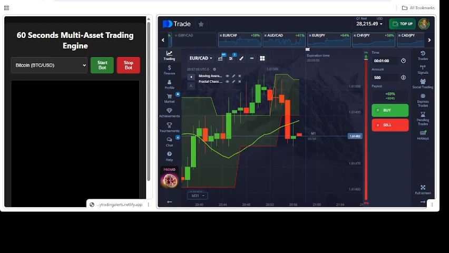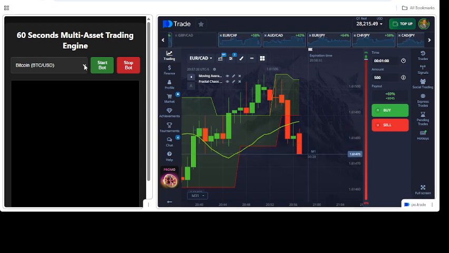Today, I've been working on a trading bot, which you see here to the left, a 60 seconds multi-asset trading engine. I've designed the trading bot to trade 60-second binary options. I have a drop down menu.